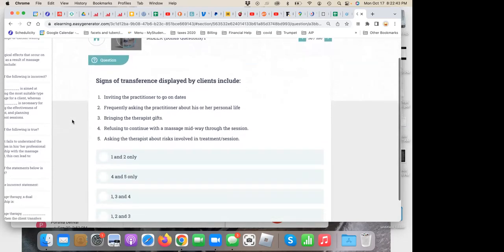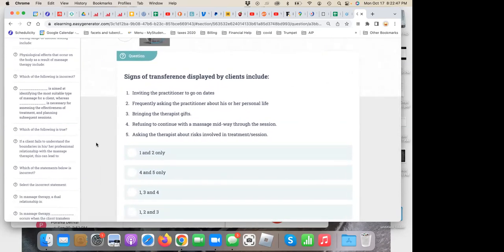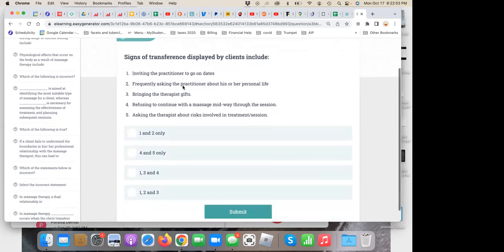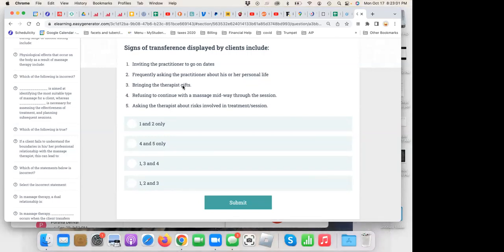All right. Signs of transference displayed by clients include inviting the practitioner to go on dates. Remember, transference is from client to therapist. Inviting the practitioner to go on dates, frequently asking the practitioner about his or her personal life, bringing the therapist gifts, refusing to continue with a massage midway through the session, asking the therapist about risks involved in treatment session.